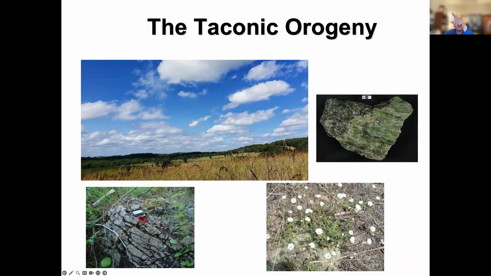And in the upper right is a hand sample that I've gathered just to show you how green that serpentinite can be at times. But bottom line for us on Evolution of the Appalachians, all of these rocks represent oceanic mantle from a piece of oceanic lithosphere that is long, long gone.